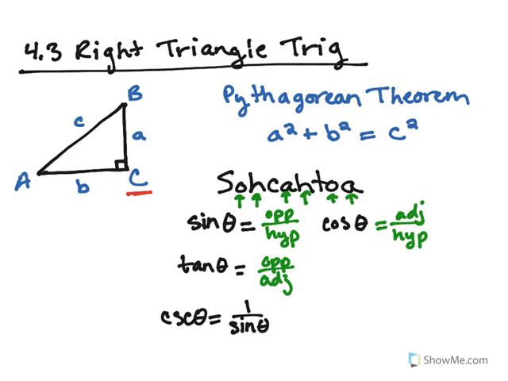I switch the numerator and denominator for cosecant. And secant theta goes with cosine, so that's 1 over cosine theta. And cotangent goes with tangent. So if I can use SOHCAHTOA to find sine, cosine, and tangent, then I also know cosecant, secant, and cotangent.